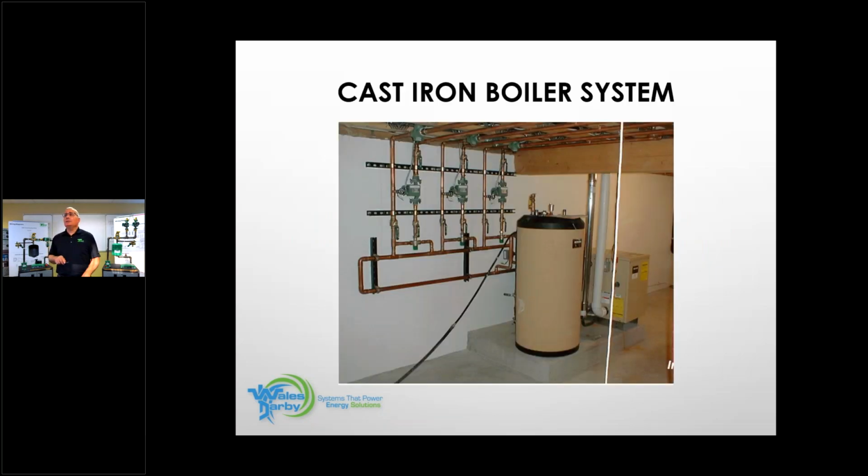So here we're showing you a picture of a cast iron boiler system. A couple of different ways to look at this. Can we make this better? Yes, we can. The mix valves there are static mix valves. There's 3 of them. It's pretty rare on a radiant job, if you're doing a typical home, basement, first floor, second floor, that you really are going to need 3 distinct temperatures.